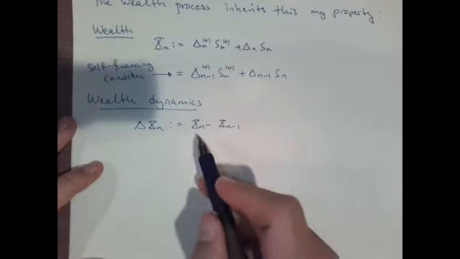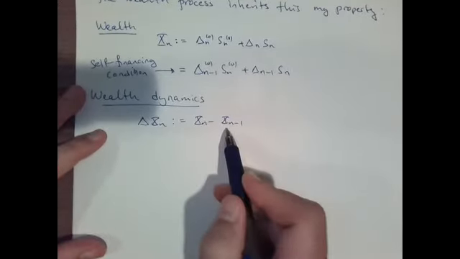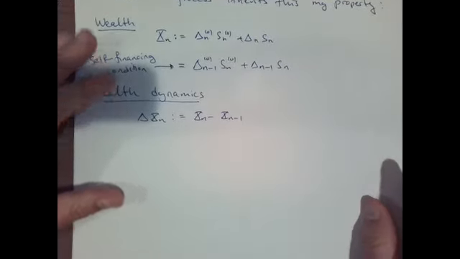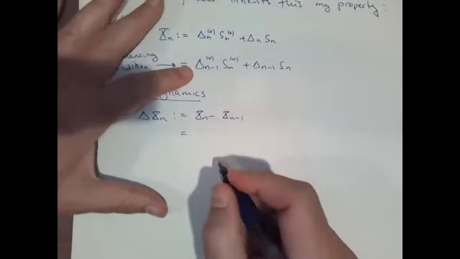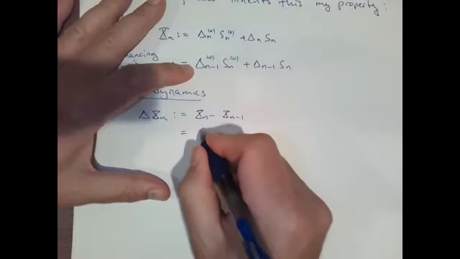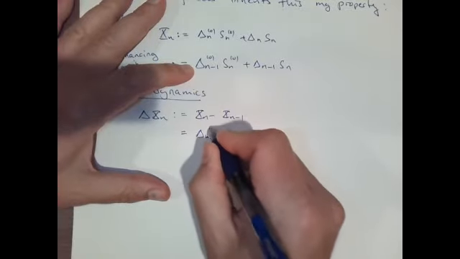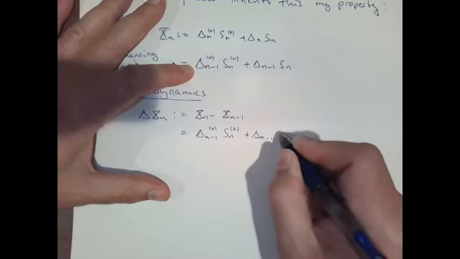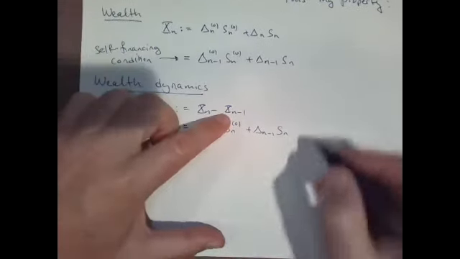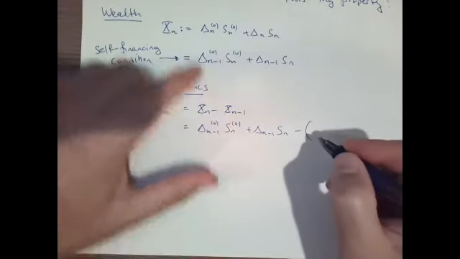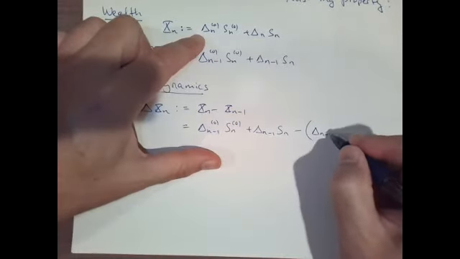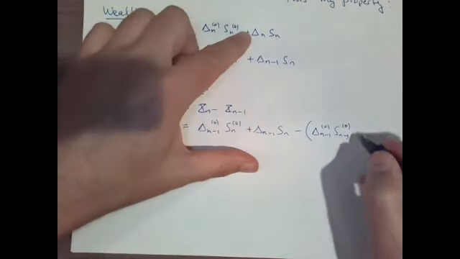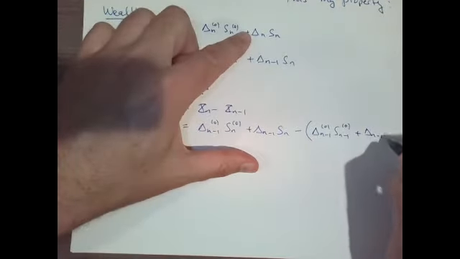Okay, so we're looking at this change in X, and I want to find a formula for it. So we start out. I simply just use the self-financing condition. That's going to be my first x_n: delta_{n-1}^0 S_n^0 plus delta_{n-1} S_n. Right, and so for the second one, I'll just use the definition: delta_{n-1}^0 S_{n-1}^0 plus delta_{n-1} S_n.